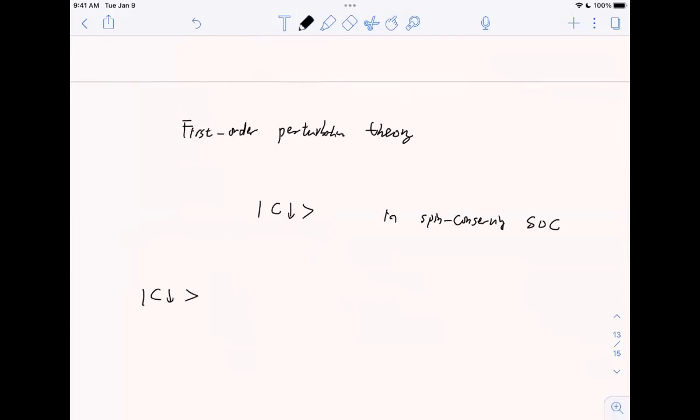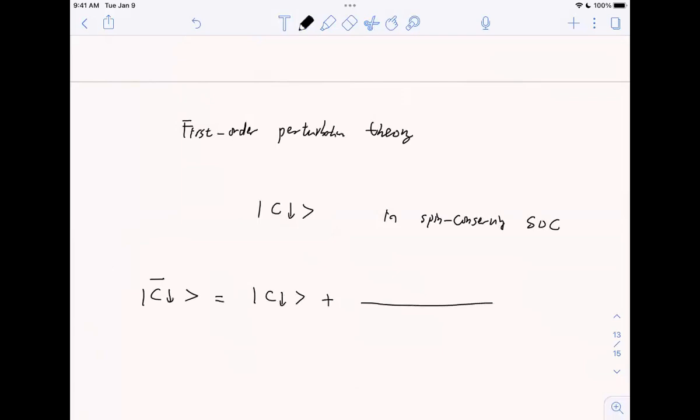We still use the same symbol, but I'm going to add a bar here to show that it is a renormalized state.